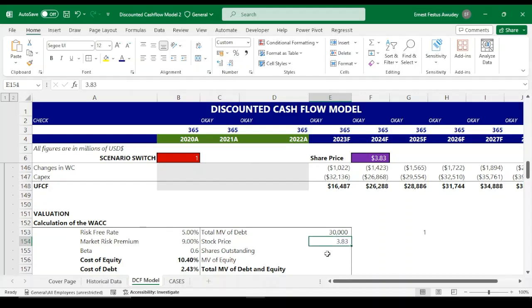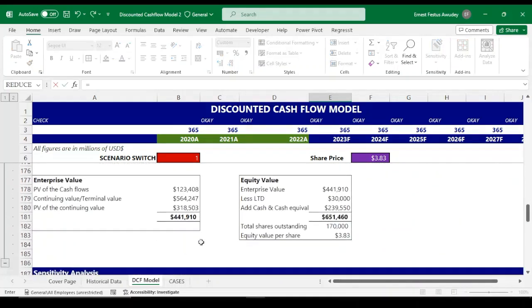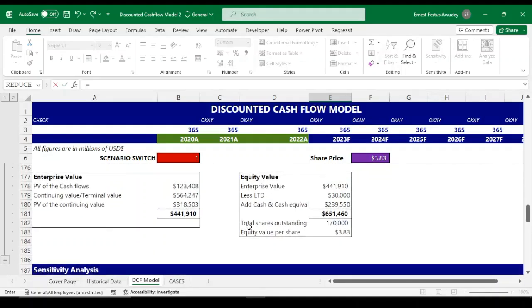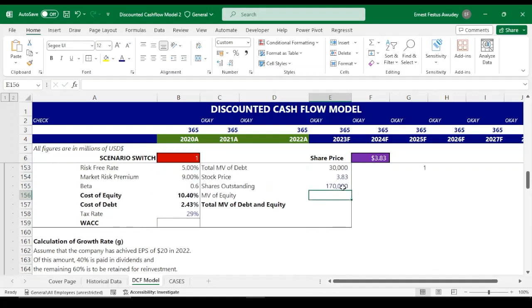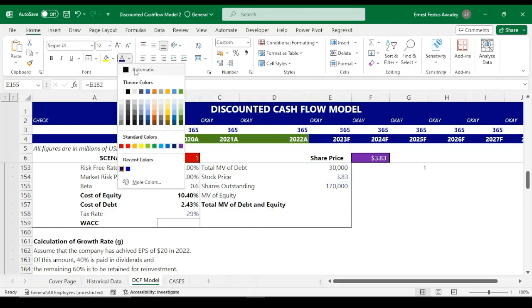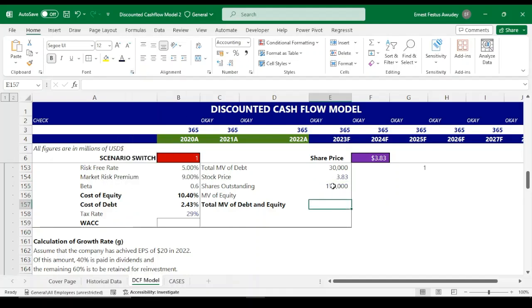And then the number of shares outstanding can be found down here. So this is total number of shares outstanding here, 170. So I can link that up. And since I've linked it up, I need to change this to black because it's a formula. So with this, we can calculate our market value of equity.